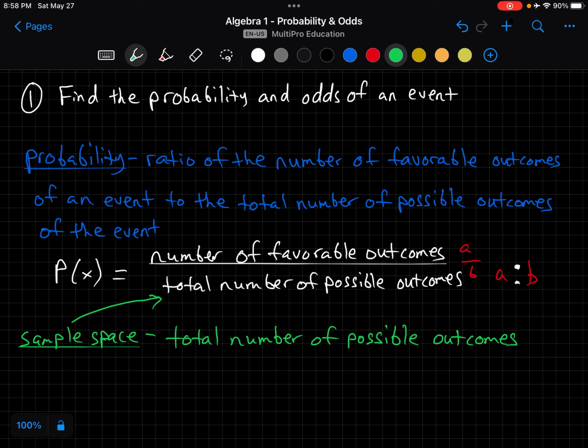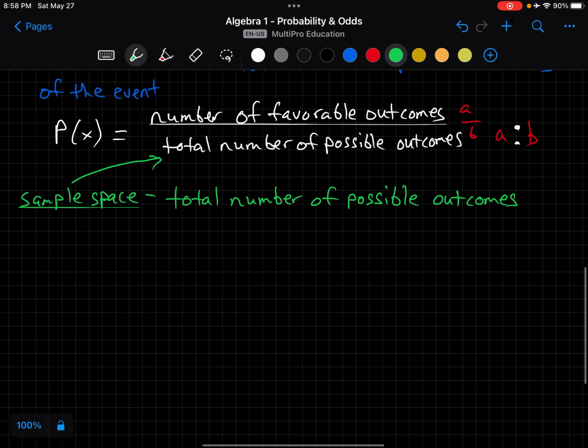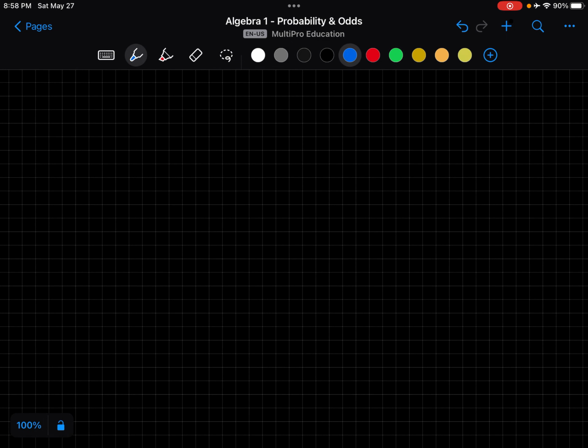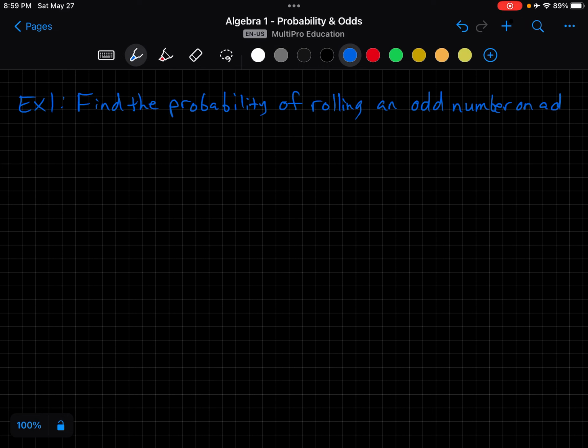Okay, so let's look at an example. It's example time. We want to find the probability of rolling an odd number on a die.